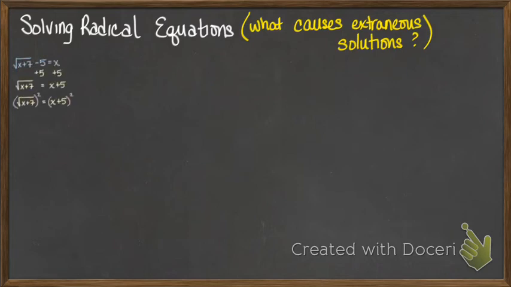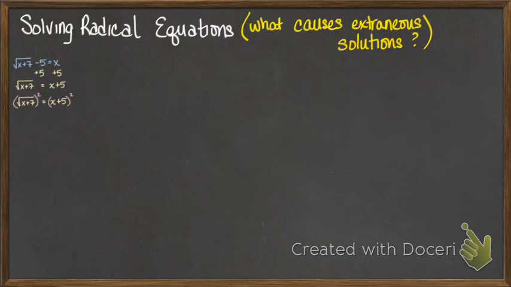Right here in that step, we squared both sides. Now, in that moment, we actually reinterpreted that equation to not only care about the principal root of that radical. When we squared, we acknowledged that the negative version of that value also exists.